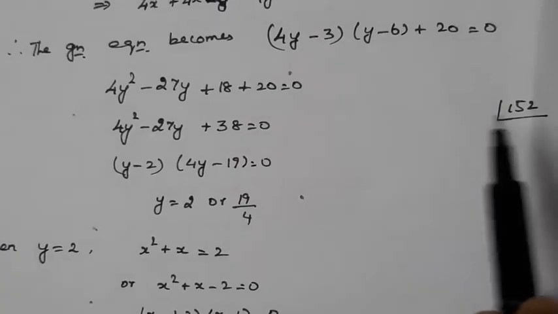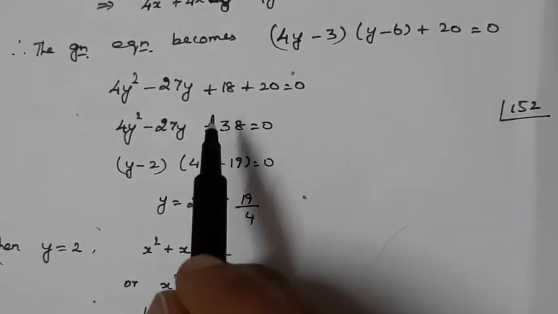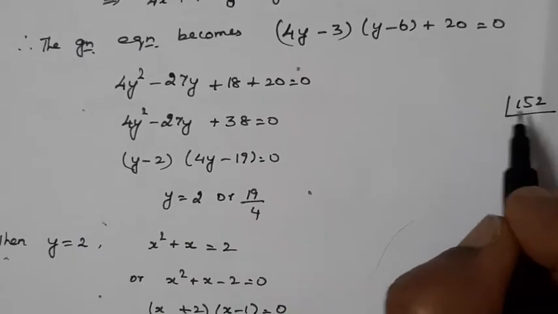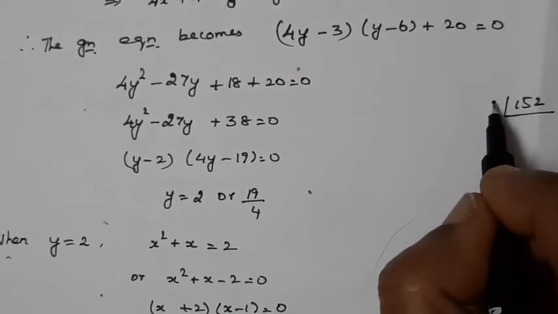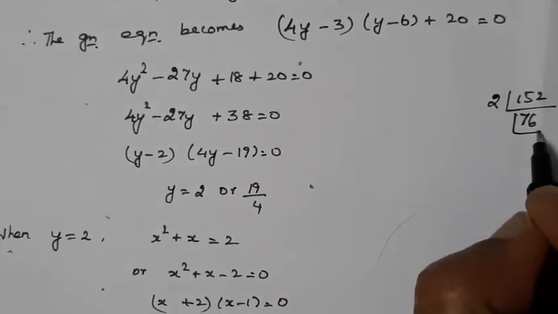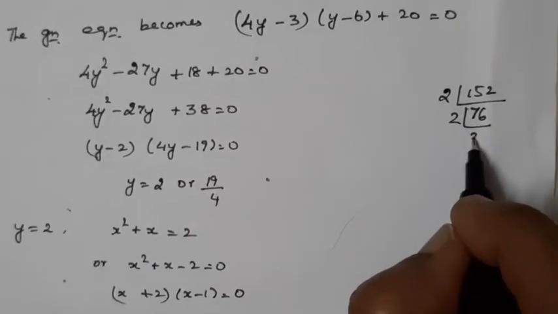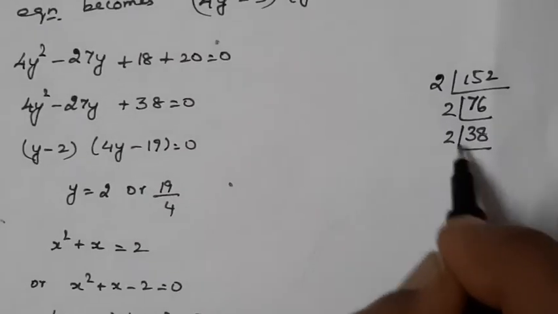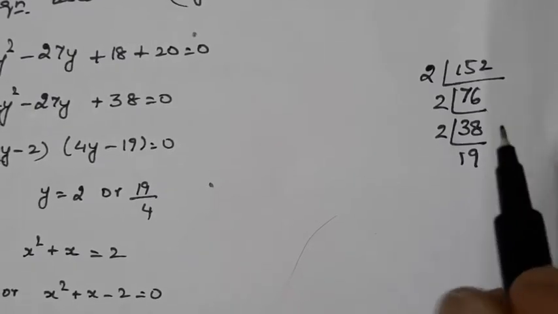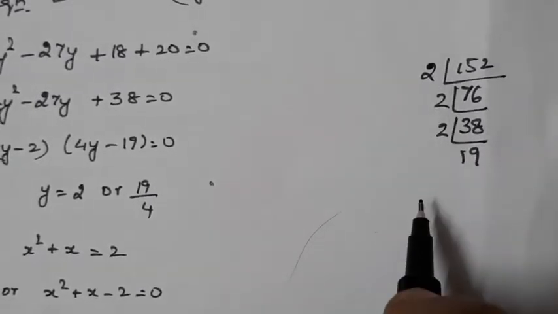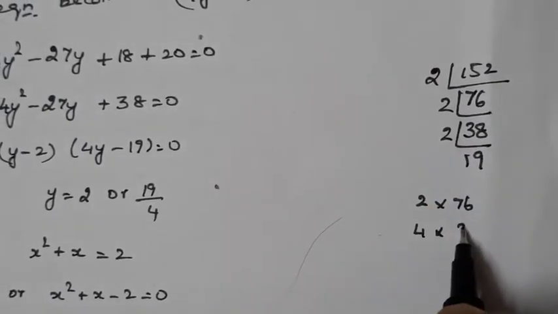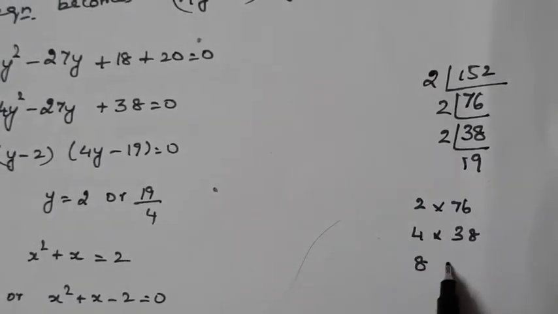So in order to find out the factors whose product is 152 and the summation is 27, let us factorize this 152. If we divide it by 2, that would be 76, and then again dividing by 2, we get 38, and then 2, 19. 19 is a prime number, so you have to stop the factorization. So what would be the product of the factors? 2 into 76, or 4 into 38, or 8 into 19.